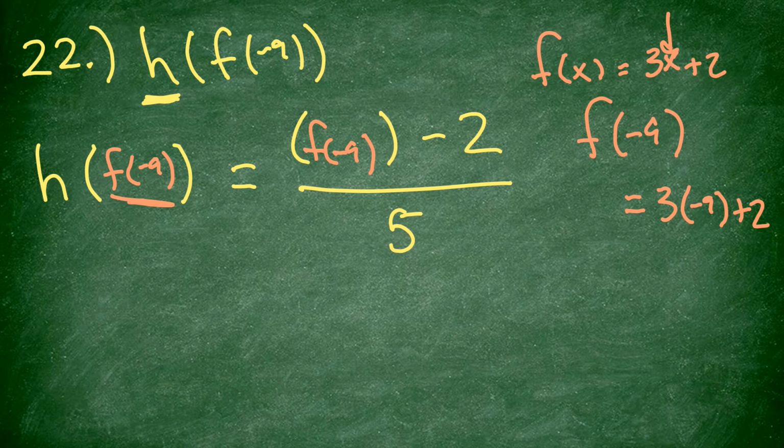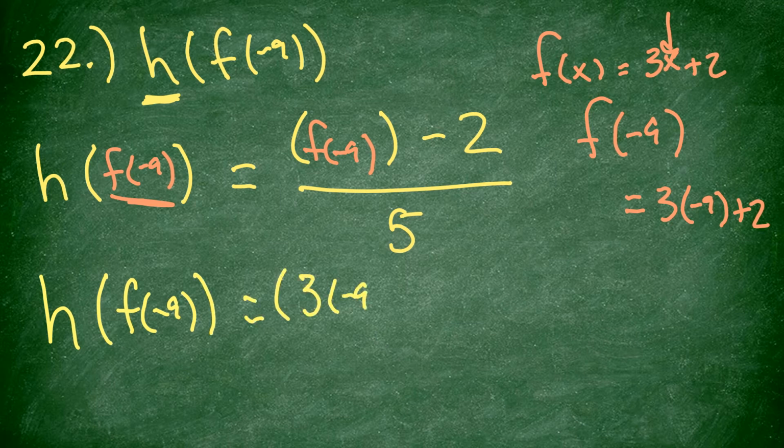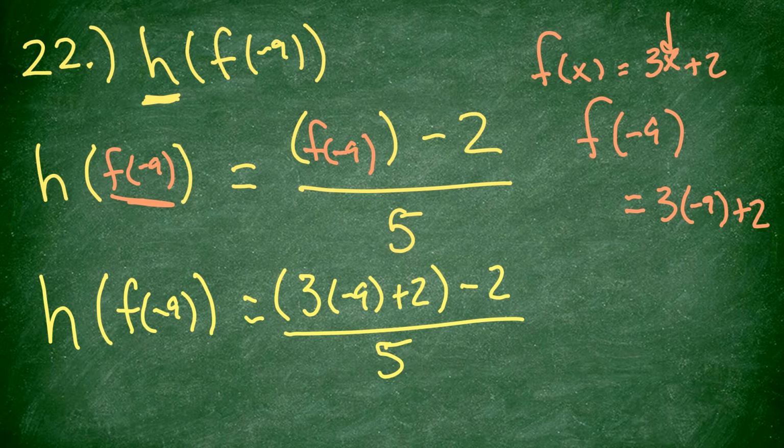A lot of times they'll write h of f of negative 9, and instead of f of negative 9, they're just going to put 3 times negative 9 plus 2, all minus 2, all over 5.